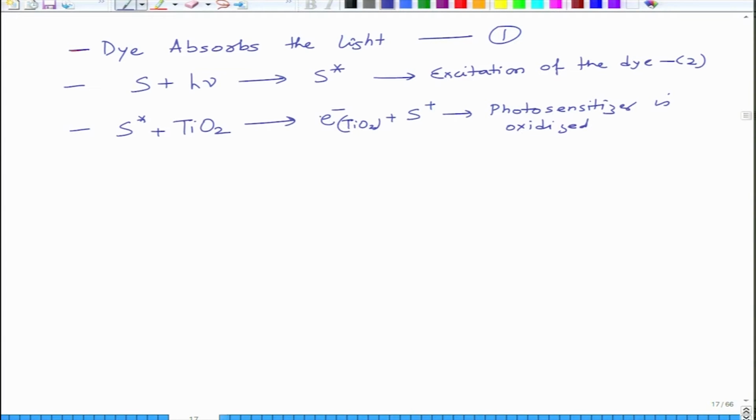This electron then moves through the TiO2. This is called the injection process, so it has injected an electron. This is number 3.